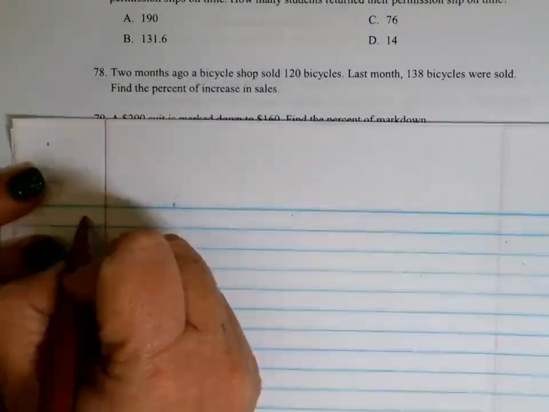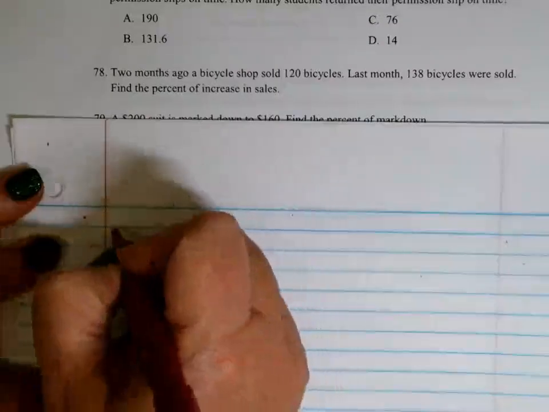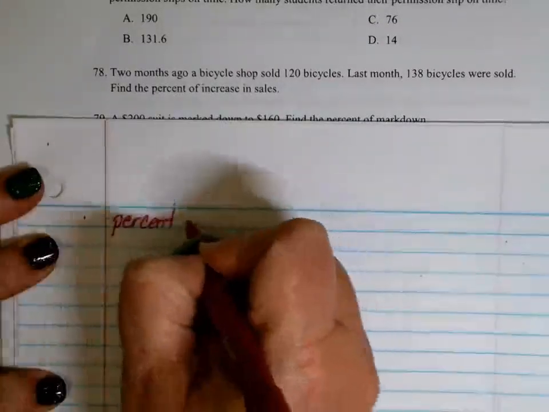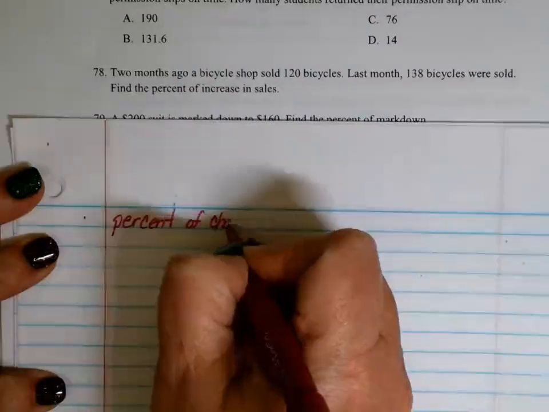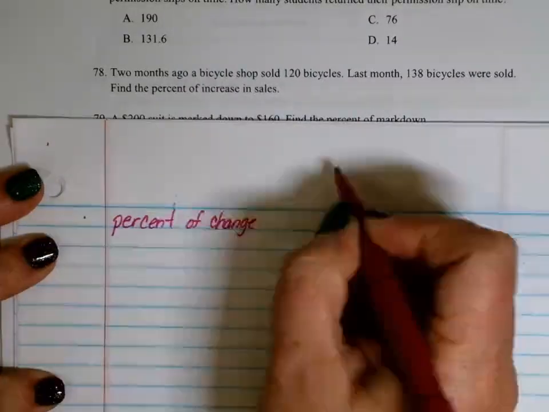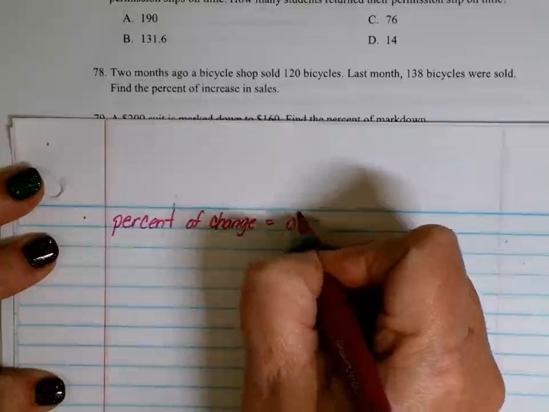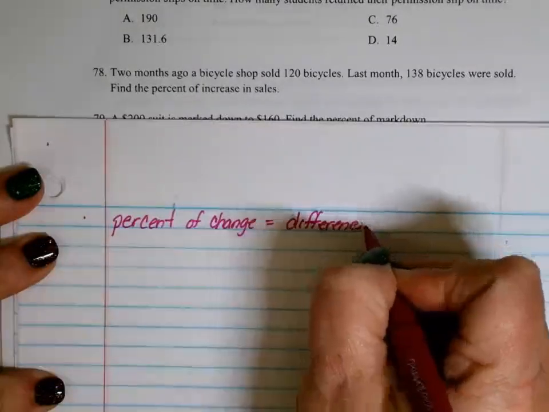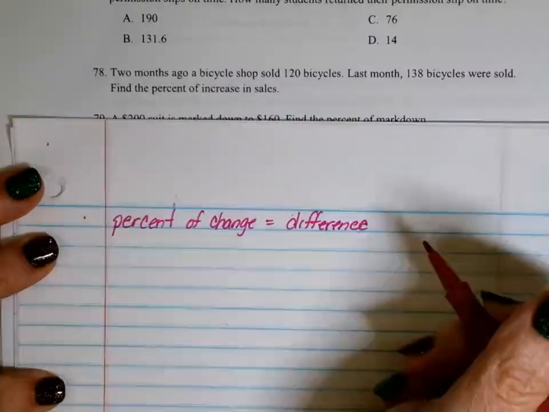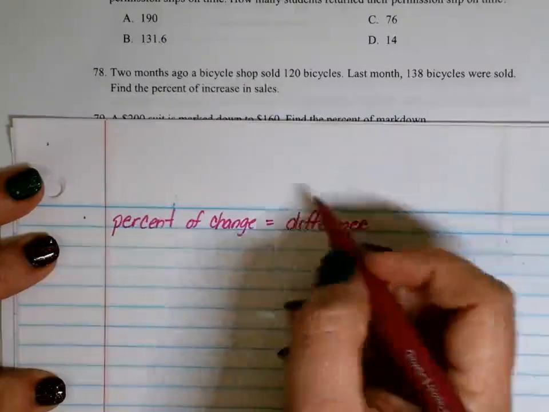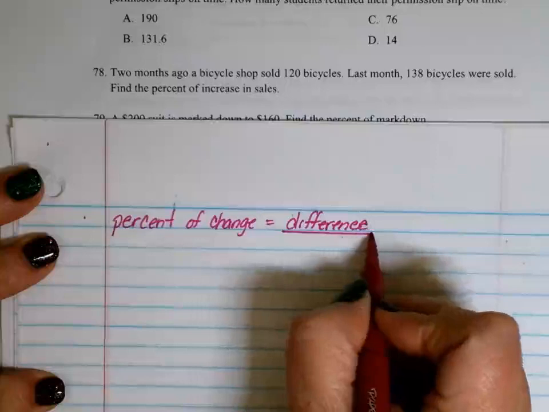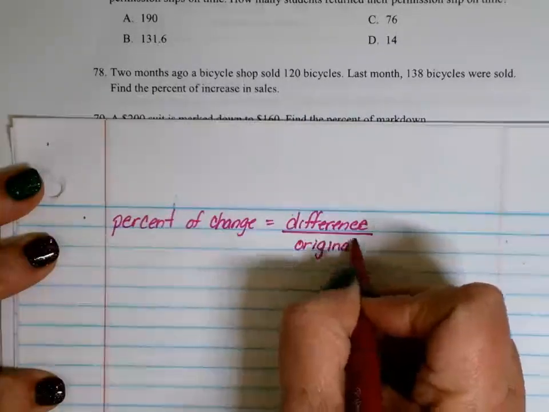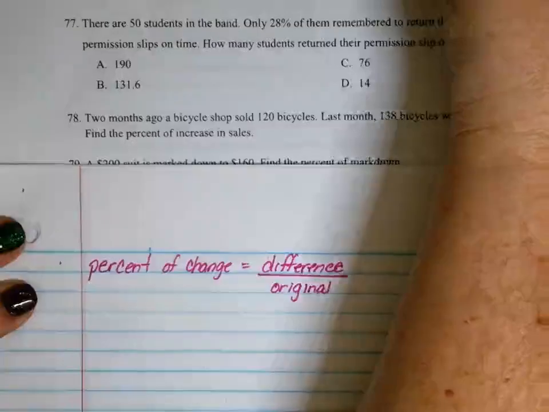All right, so number 78, so the formula. If I need to know what percent of change is, percent of change equals the difference divided by original. It'll help you out if you write that down.